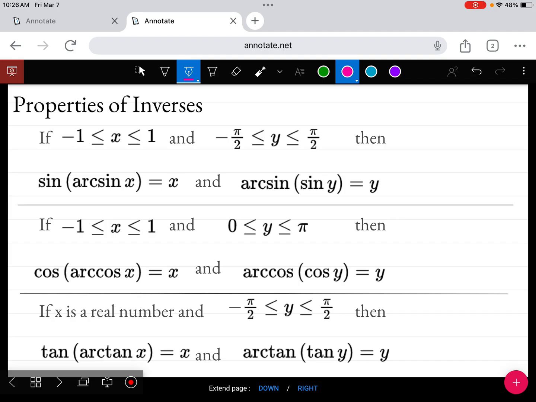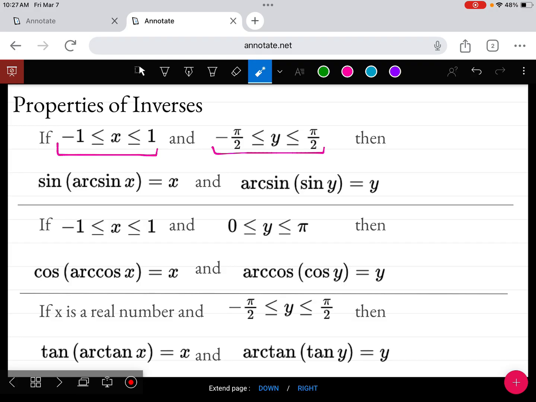This is something that we will kind of intuit our way through. Basically, if we get x's that are in our domain and y's that are in our range, no matter if I do sine of an inverse or the inverse of sine, it's going to spit back out the value. So when I take sine of pi over 2 and then the inverse of sine of pi over 2, it'll spit us back out where we started.